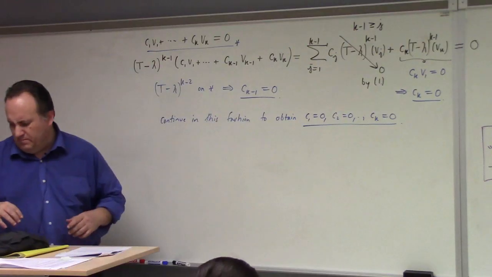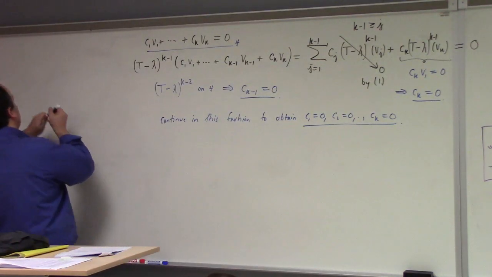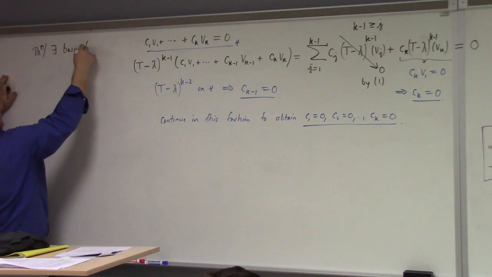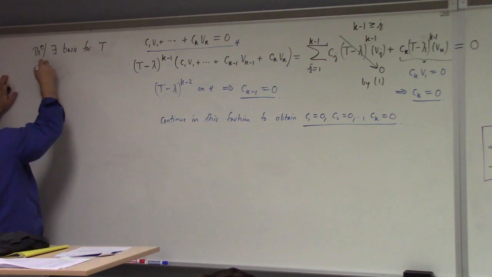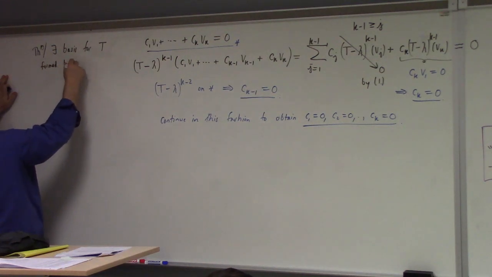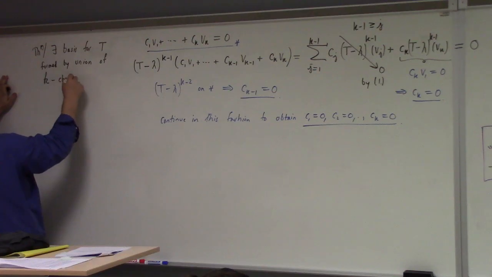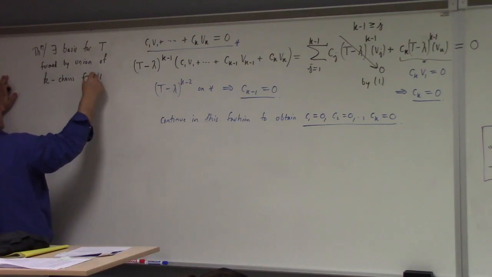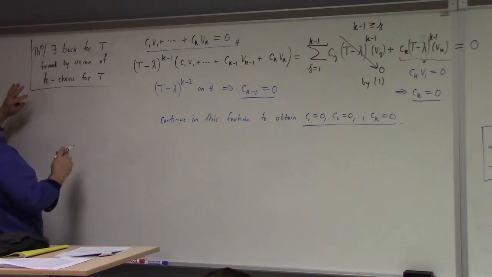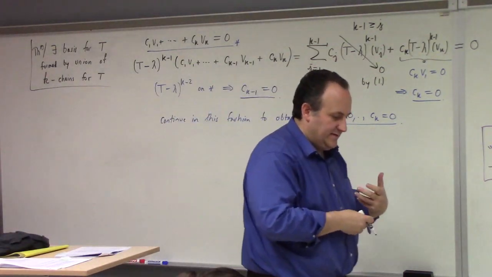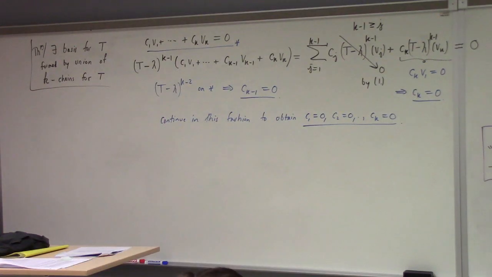So, theorem: there exists a basis for T formed by a union of k-chains for T. To be more precise, I'm assuming that the linear transformation has a characteristic polynomial which splits.